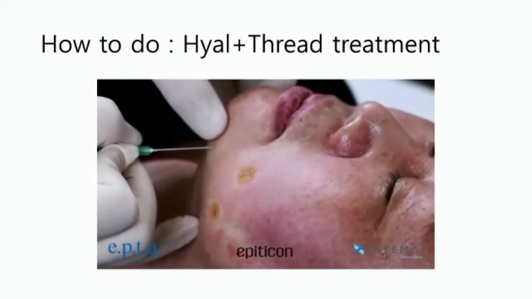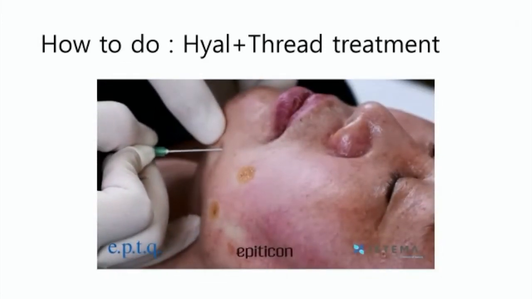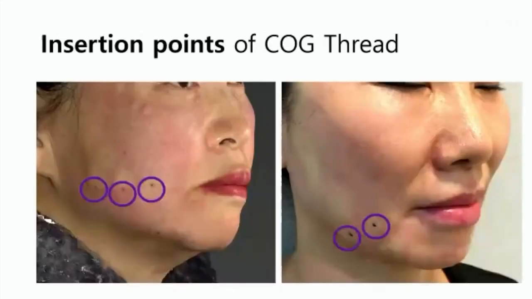Okay, finished. Next slide. So I think you should know the insertion points of the PDO thread. Sometimes I use 3 PDO threads for the marionette line treatment, or sometimes I use just 2.